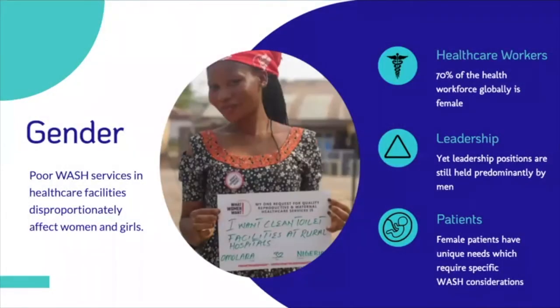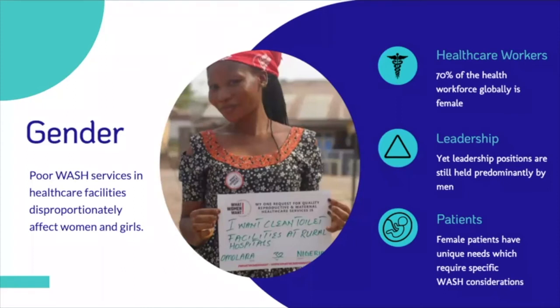And lastly, I want to emphasize the importance of gender responsive WASH in healthcare facilities. Poor WASH services in healthcare facilities disproportionately affect women and girls. 70% of the health workforce globally is female, yet leadership positions are still predominantly held by men. So we should think about where women get to have a say in terms of the services that are provided, making sure that we're being inclusive and thinking about what WASH services are available to meet the needs of women and girls.